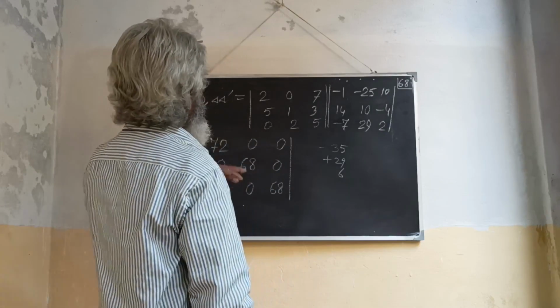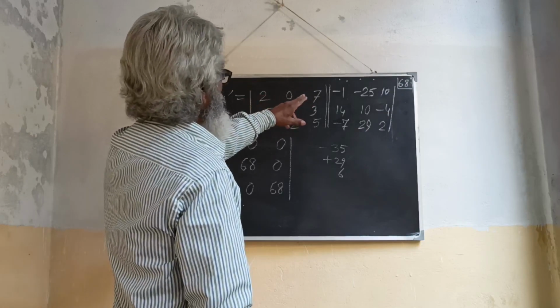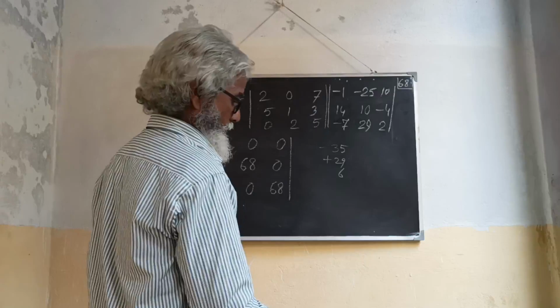You check the calculation. Minus 2, 0 plus 70.